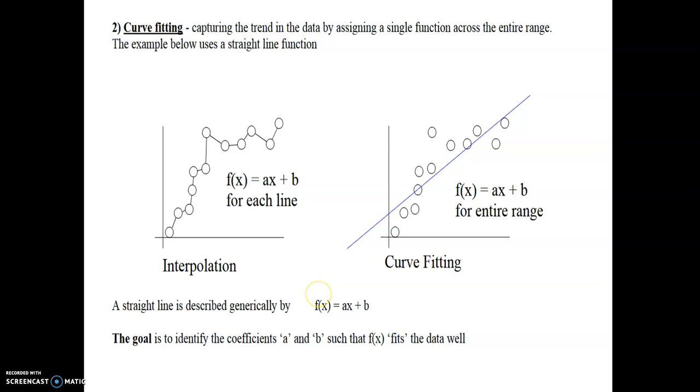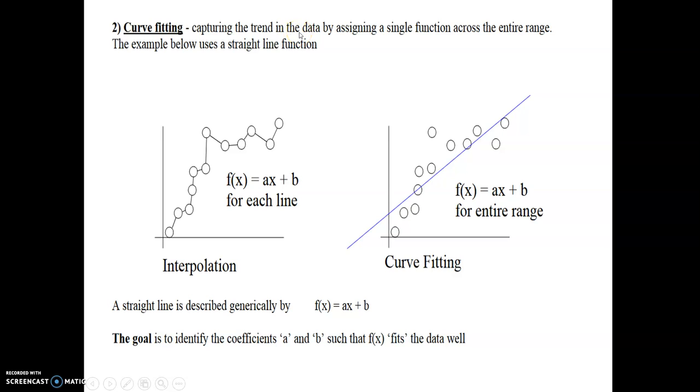Now curve fitting means actually what? Curve fitting is capturing the trend in the data by assigning a single function across the entire range. Once again I am repeating, curve fitting is nothing but capturing the trend in the data.